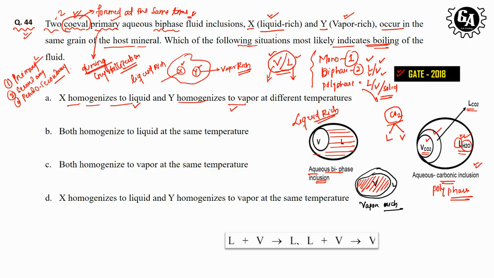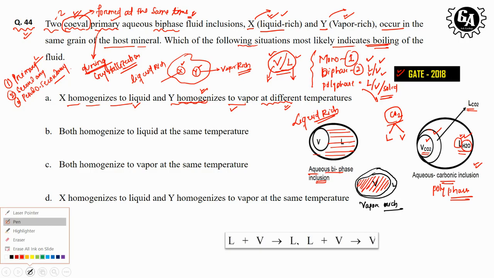This is right because liquid rich gets enriched in liquid, and vapor rich gets enriched in vapor. But now, at different temperatures of homogenization, what is the temperature of homogenization?